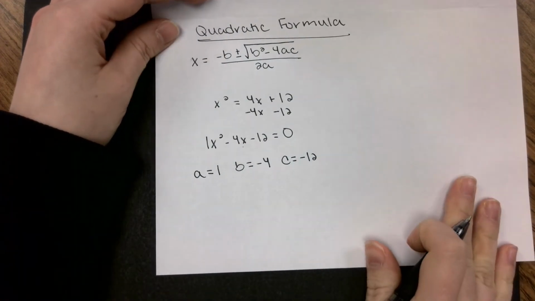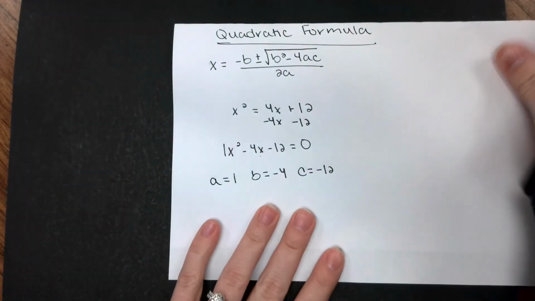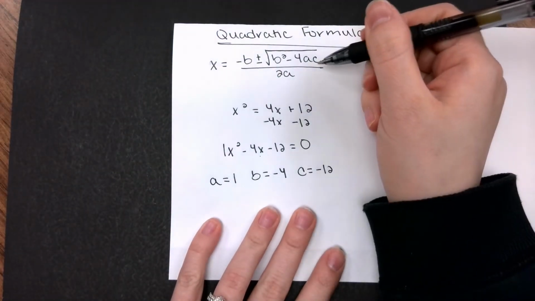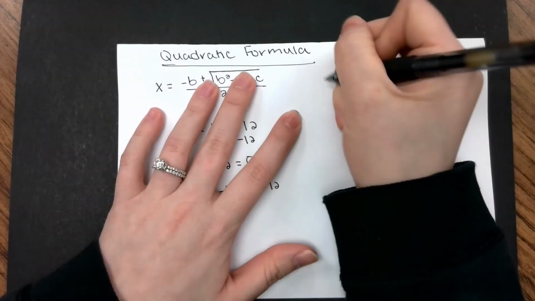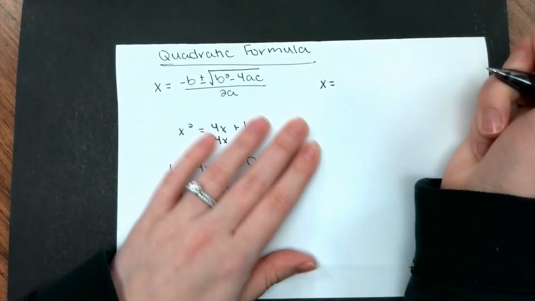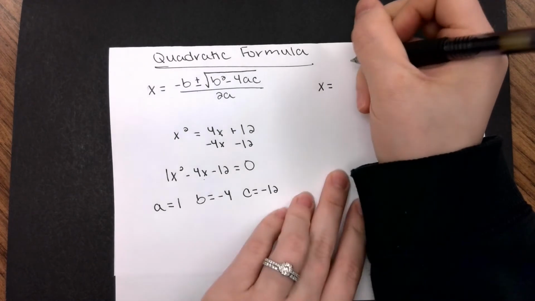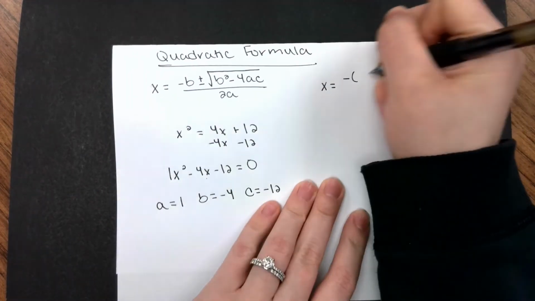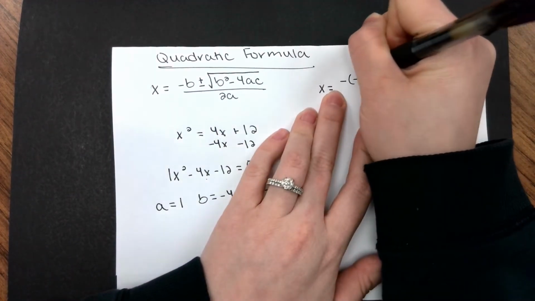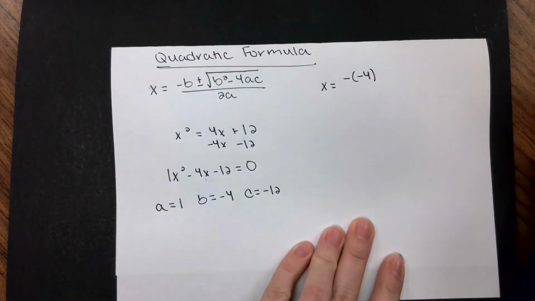Okay, all we are going to do with this is just plug these numbers in right up here and solve. So x equals negative b. So I have a negative and I'm plugging in b, always use parentheses, negative 4.